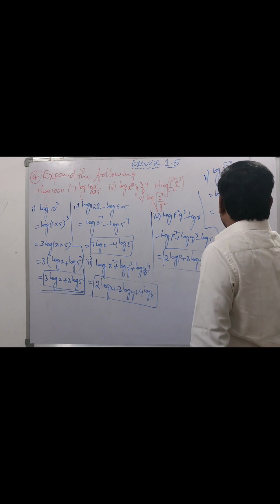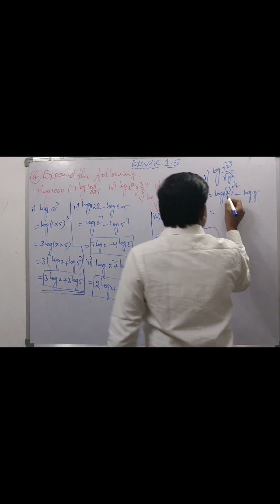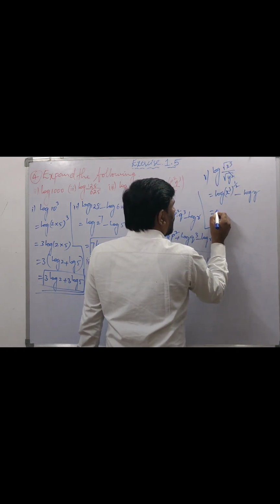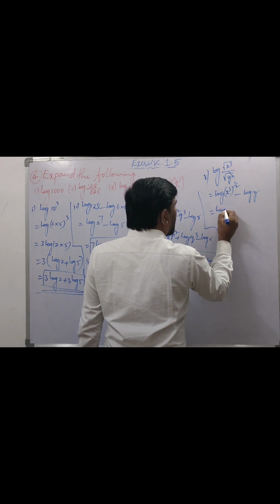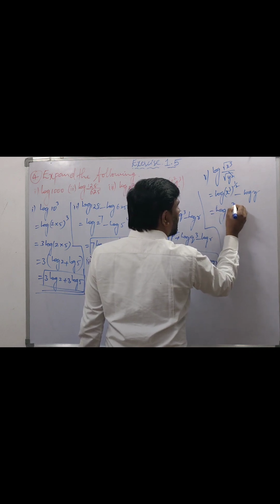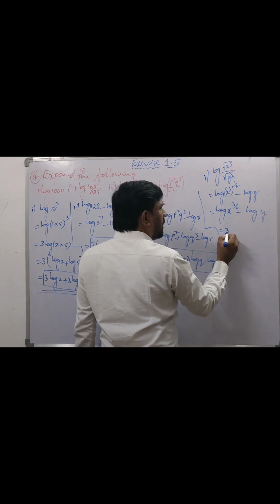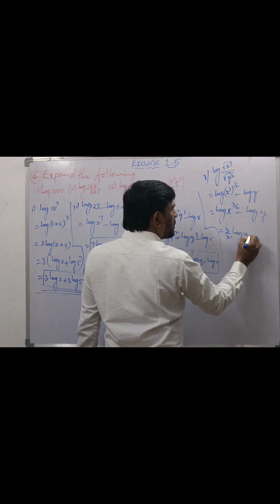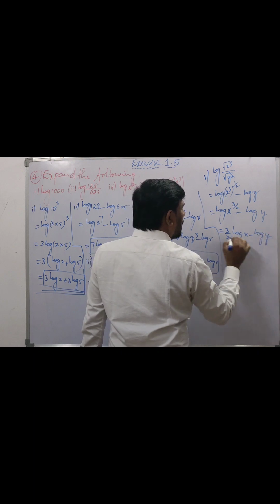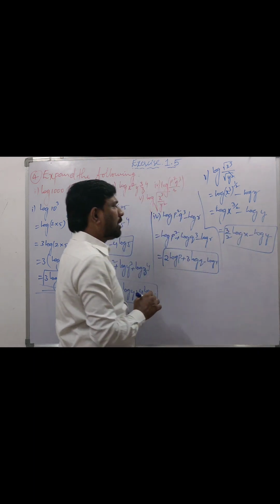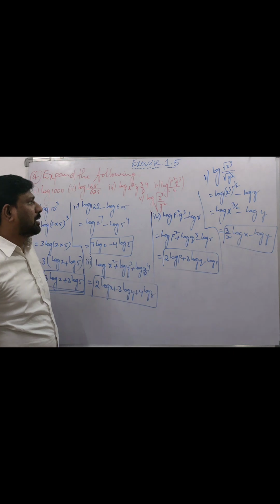Right? Now here what will you get? Logarithm of a power m whole power n is a power m into n. Log x to the power 3 by 2, minus log y. Now 3 by 2 log x minus log y is your required expression.